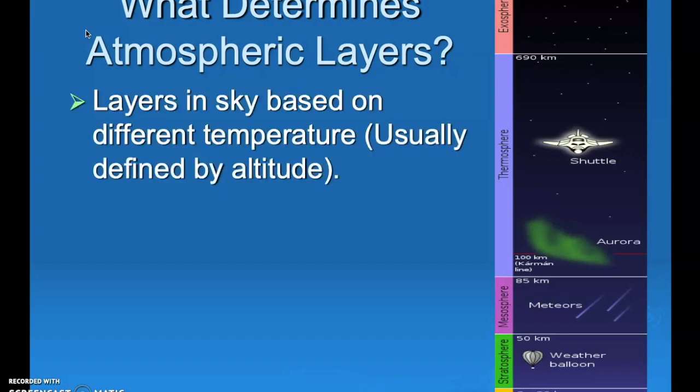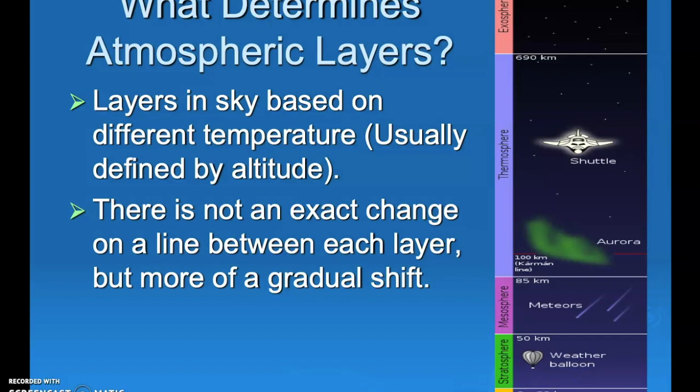So the layers in the sky are based on different temperature, and that's usually defined by altitude. As you go up higher in the sky, or you increase your altitude, the temperature is going to change. And in many cases, it's going to get much colder, except for there's one layer where that's not the case.